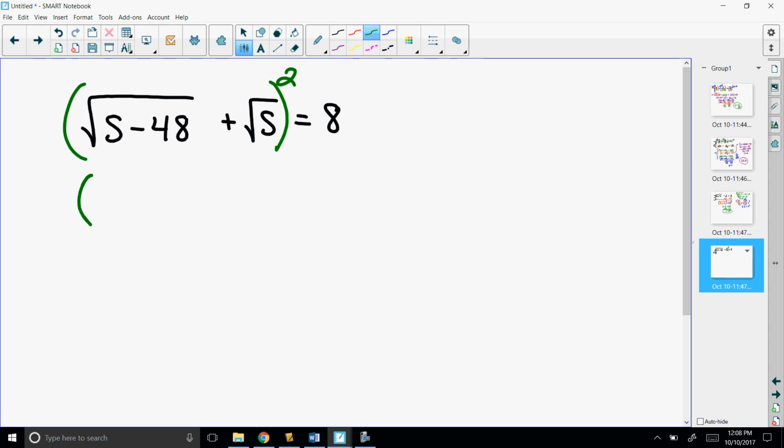Multiply it times itself. So you can't just get rid of the radicals in both terms. You square it, which means you take it times itself. And if I were to do that, you're going to get something that looks kind of complicated.